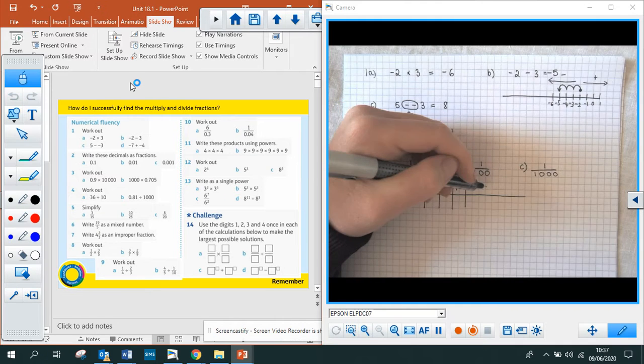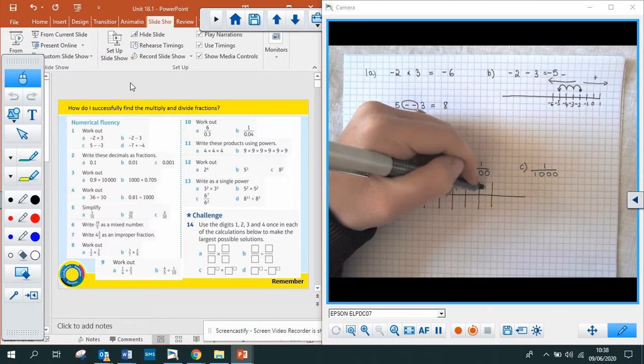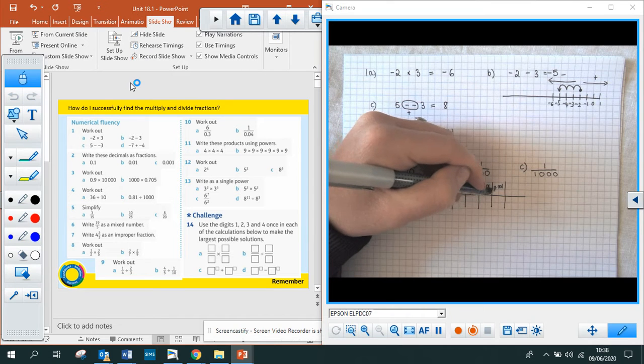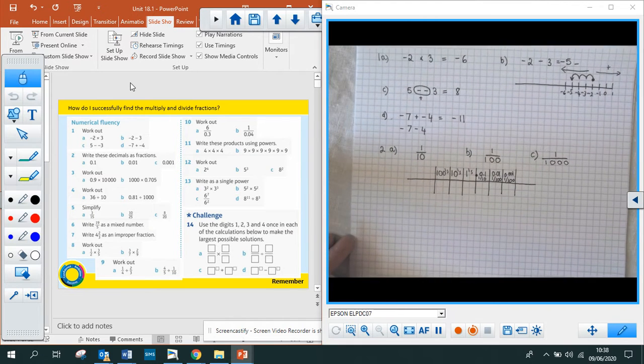And going down, you've got your 0.1s, your 0.01s, your 0.001s, which are your 1/10, 1/100th, 1/1,000th. So you can use that to help you. Let's have a look at question 3 now.